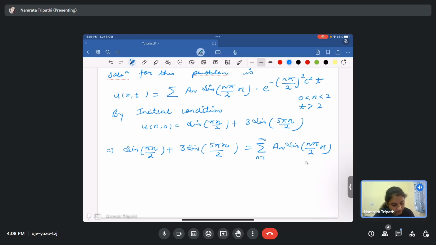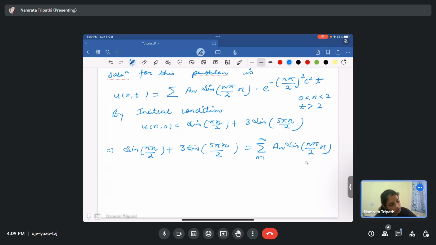So can anyone tell me what the value of An is from here? Ma'am, A1 equals 1 and A5 equals 3 and the rest of the An will be 0.